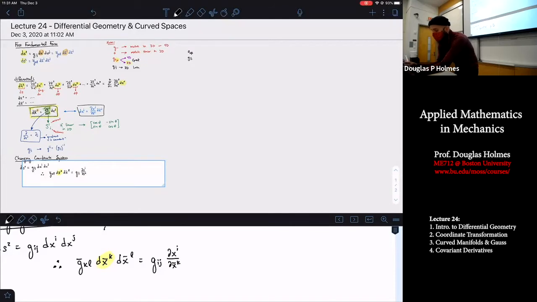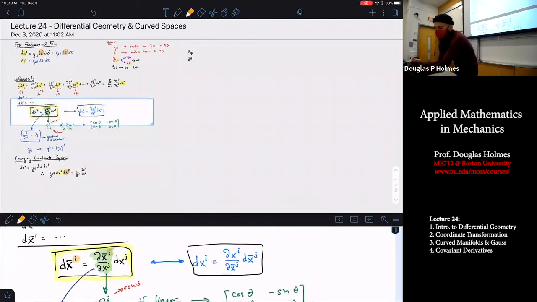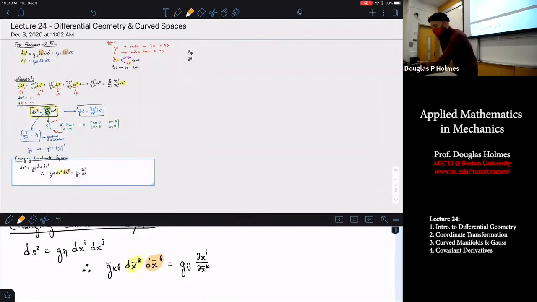Because I have two of them, I'm going to use the exact same thing up here. I just have to change the letters so I don't have them repeat. I know what those letters have to be, because in order to get K and L downstairs over there, I'm going to need something like dxj.